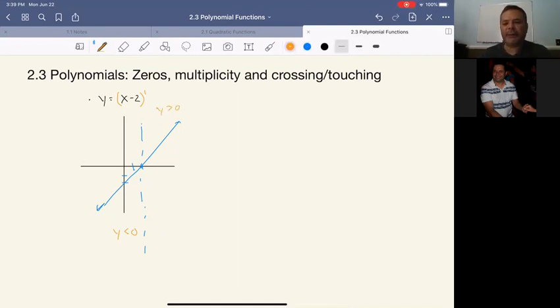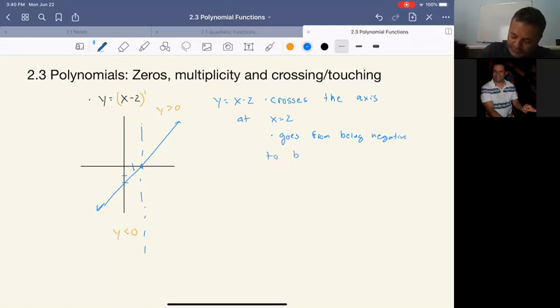So what has happened? This graph, or this equation, has crossed the axis at x equals 2, and the language I'll use is that it goes from being negative to being positive.